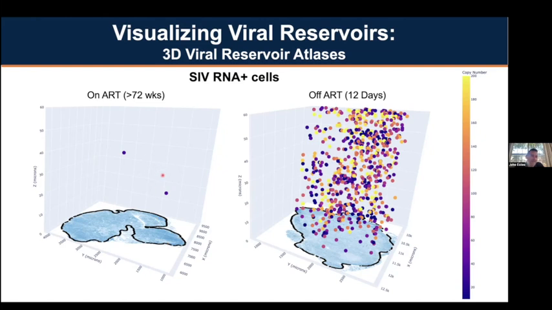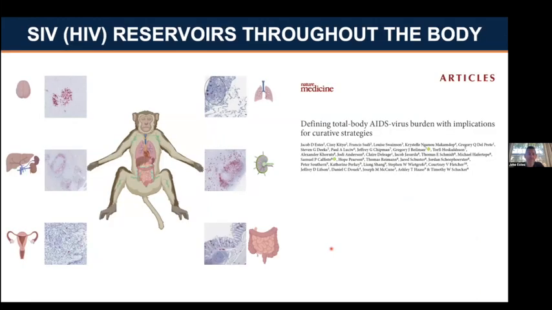You can see in this context we see low numbers of these active viral reservoirs in some of these tissue compartments after long-term suppressive antiretroviral therapy. But just 12 days after release of antiretroviral therapy, these expand into a massive population that extends throughout the volume of these tissues.